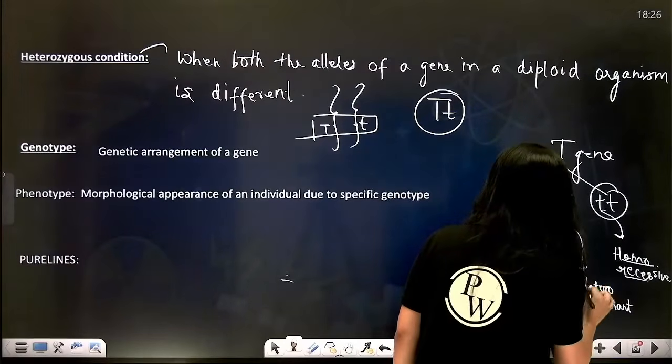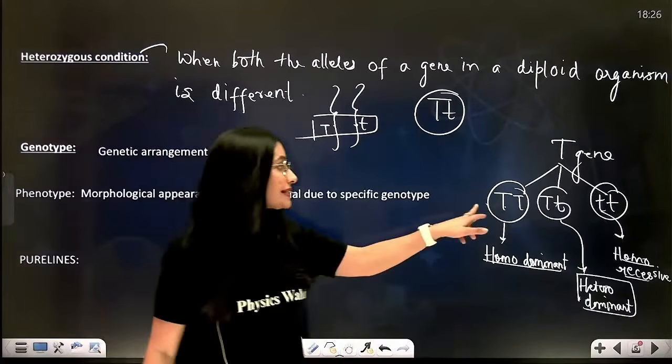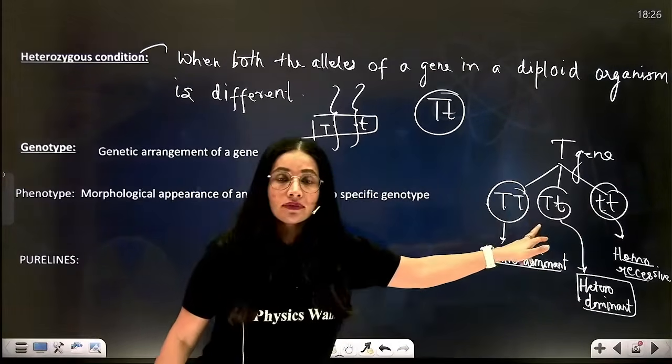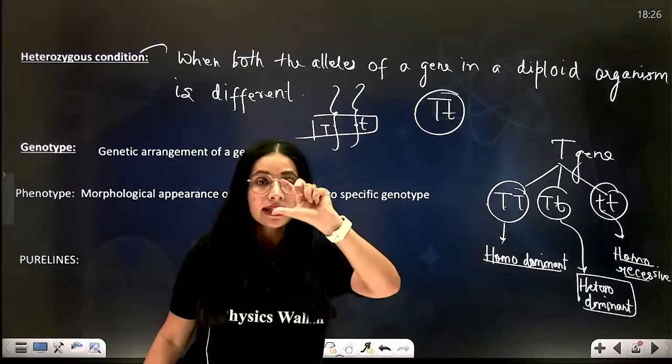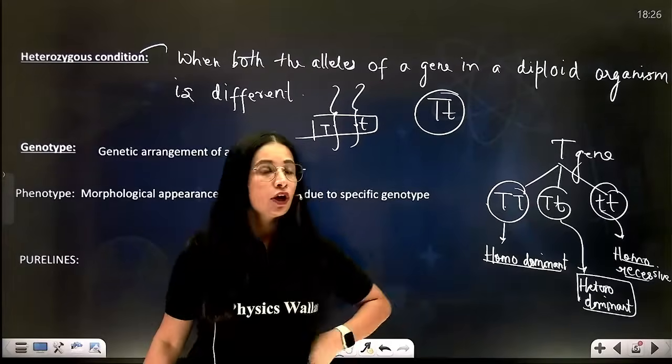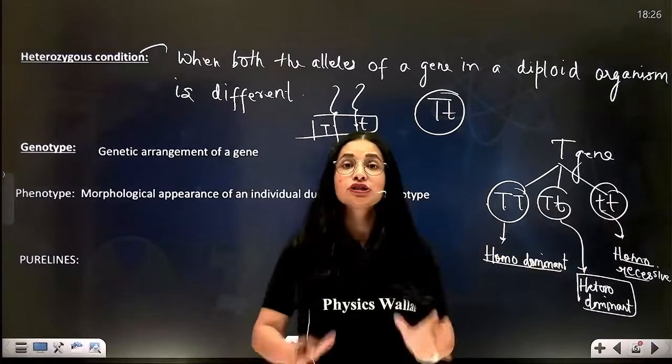Correct? Now, see beta, this arrangement of genes, that is, what type of allele of a gene is present in an organism, that is known as genotype. So capital T capital T, capital T small t, small t small t is the genotype.